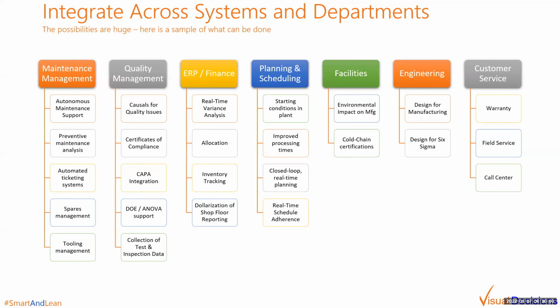The quality management system. As with the maintenance management, there are a myriad of potential touch points between the shop floor data and the QMS system as well. I'll touch on a few of those here. Some of the items listed here are similar in nature. When researching causes for quality issues, everything actually is quality data.